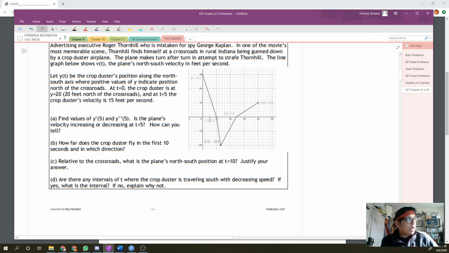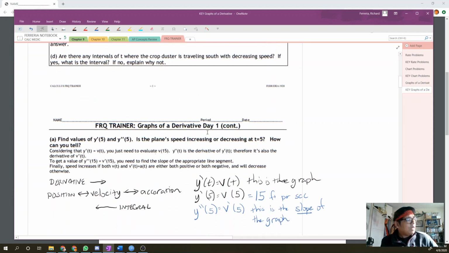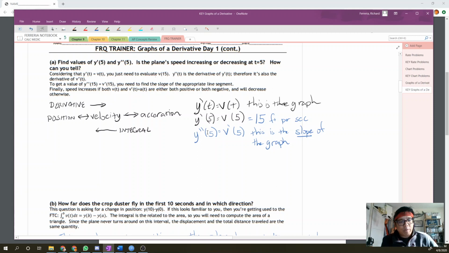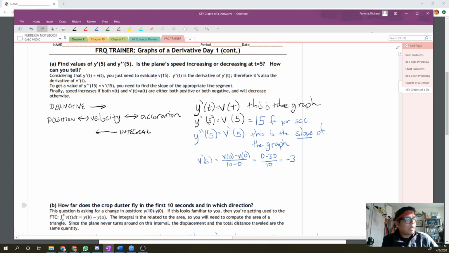You have the coordinates 10, 0 and 0, 30. Definitely difficult to read, but they're there. To find the slope, I just use the slope formula: v prime of 5 is equal to v of 10 minus v of 0, over 10 minus 0, which is 0 minus 30 over 10, which is just negative 3. The units are feet per second per second.